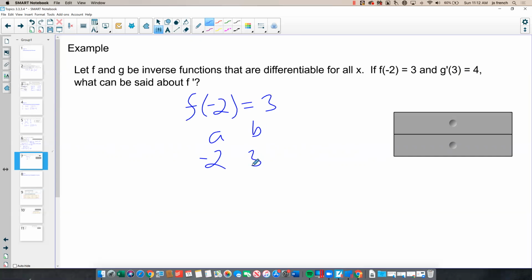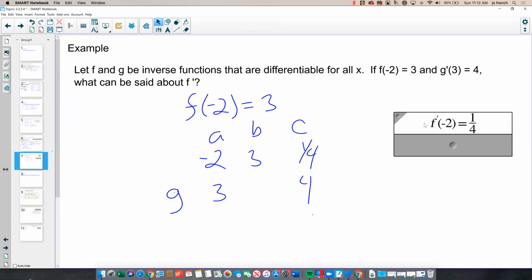And we know that for g, the inverse, the input will be 3, and the slope is 4. Well, if the slope is 4 on the inverse, then the slope on the original must be the reciprocal of 4, or 1/4. So we can say that f prime of negative 2 will be the reciprocal of g prime of 3, 1/4.